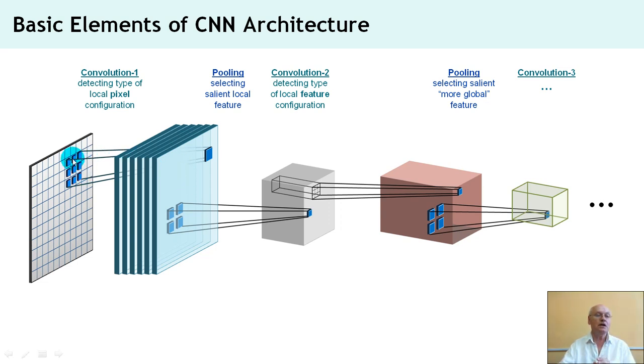For instance, this filter may express just lines, small line, horizontal line, vertical line, or small corner, and the response of the convolution would be the higher, the more this particular region of image is similar to this filter.